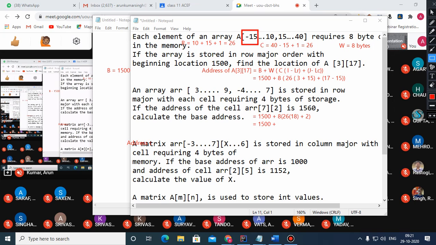Actually, the random access memory is organized in rows and columns, right? So you don't know from where the base address of the matrix or array starts. So the representation is such only.